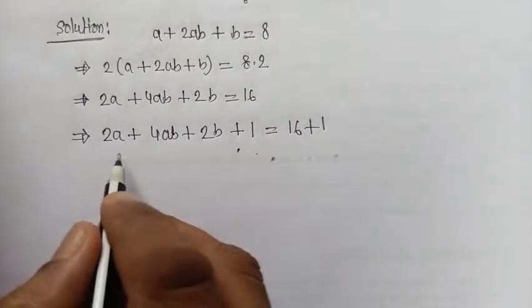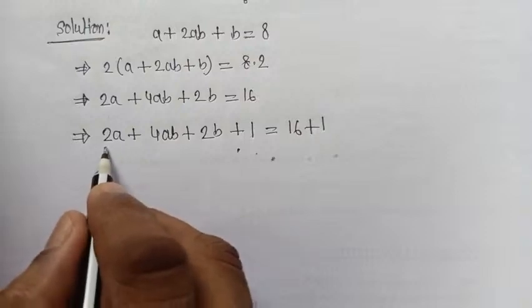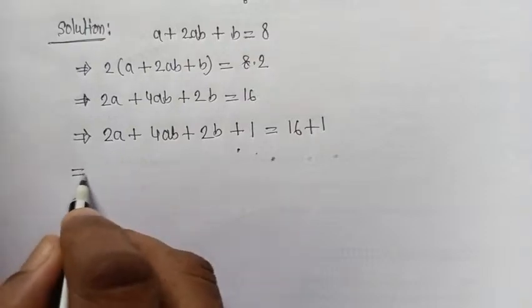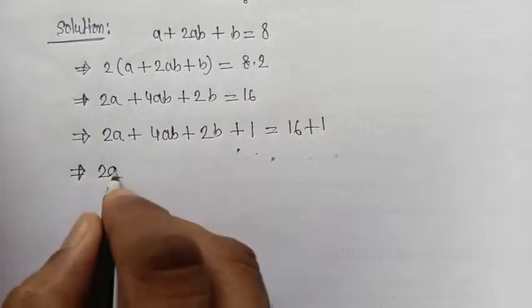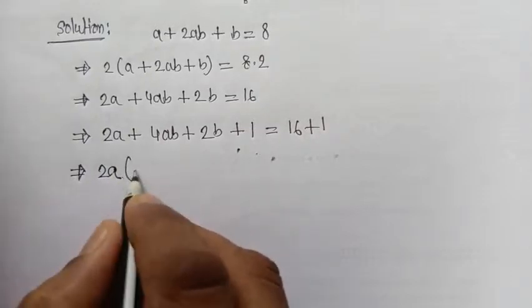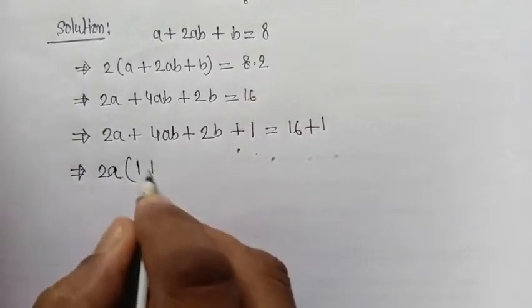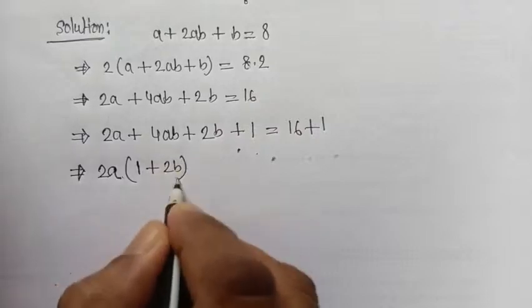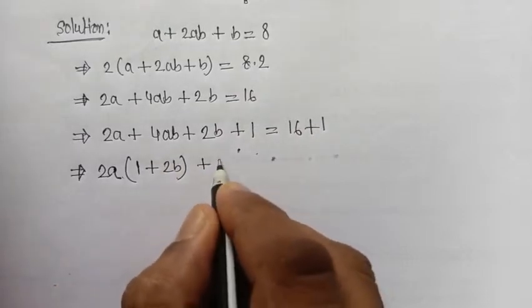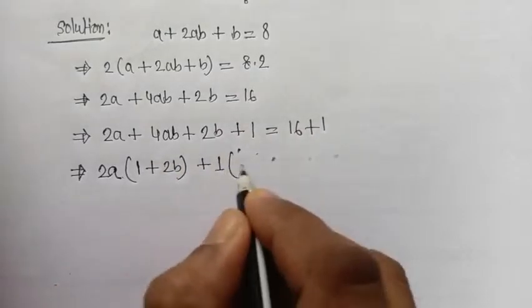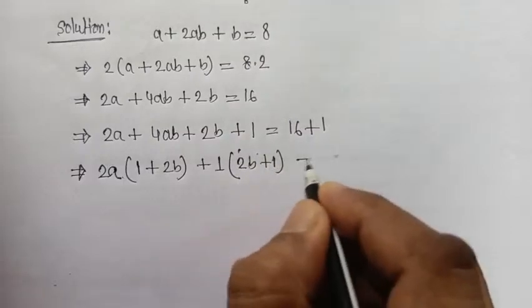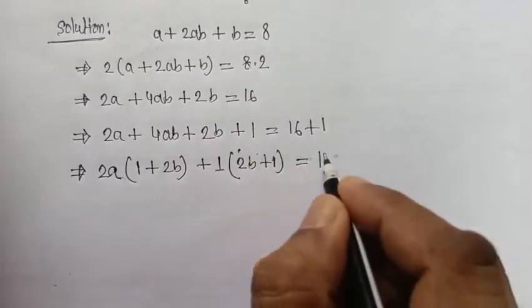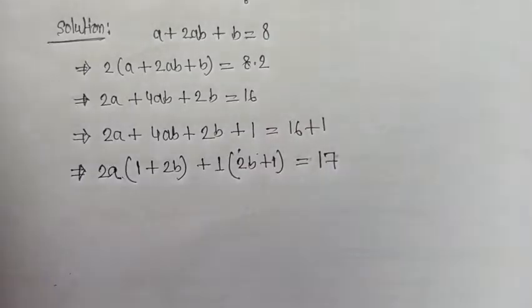So here we can take common 2a: 2a into 1 plus 2b, and if we take common 1, that will be 2b plus 1, and the equation will be equal to 17.